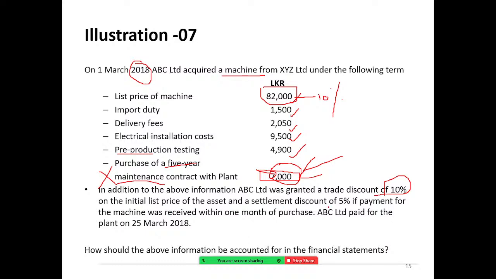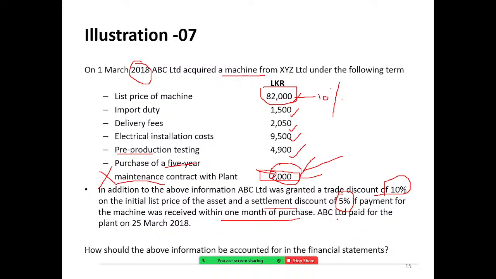And there is a settlement discount of 5%. It's a cash discount, right? When ABC Limited pays XYZ for the purchase of the machine, they will give a 5% discount if payment is received within 1 month of purchase.